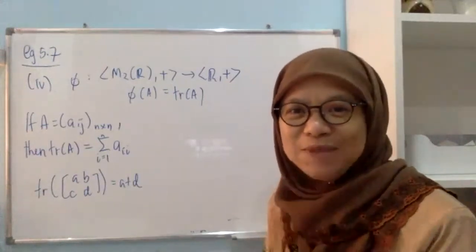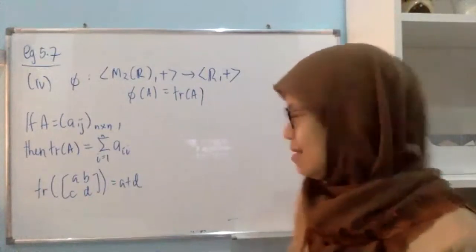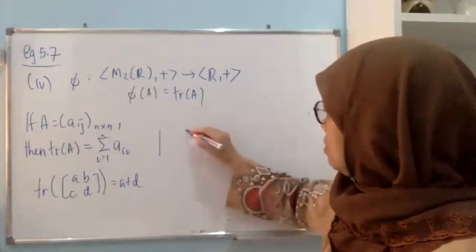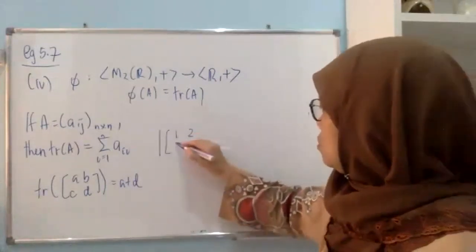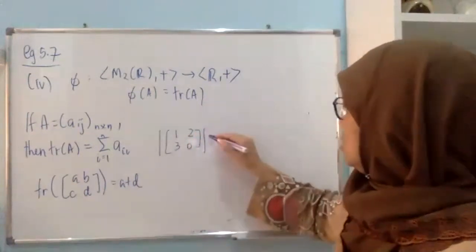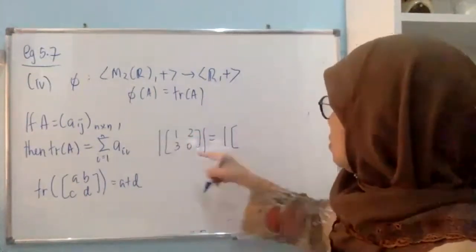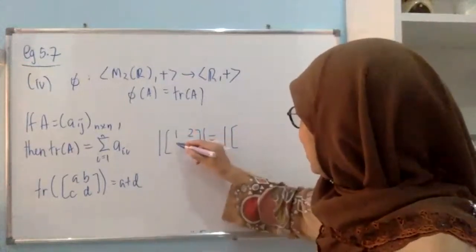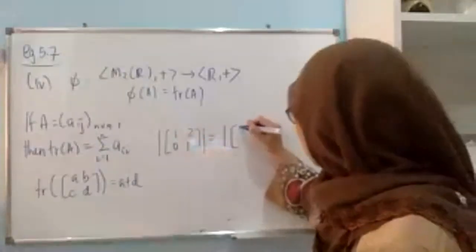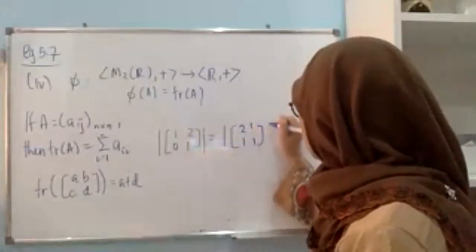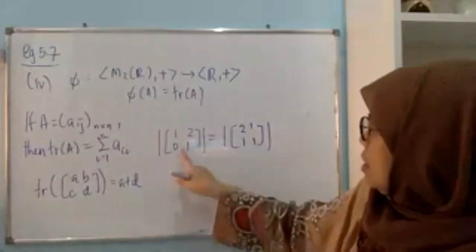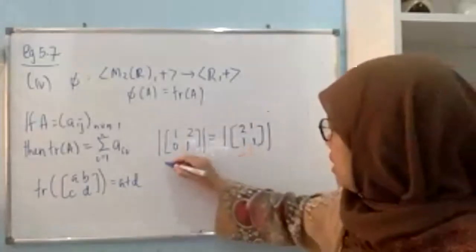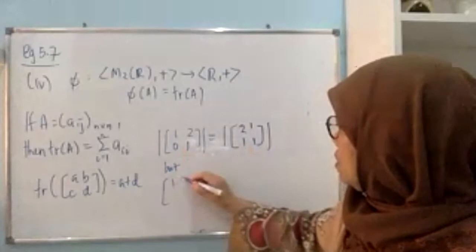Oh, just now, I forgot to mention, the determinant map is not even 1-to-1 because 2 matrices can have the same determinant, right? That's why it's not 1-to-1. For example, the determinant of 1, 2, 3, 0 let me make it easy. 1 minus 0 is 1, right? The determinant here is 1. The determinant here is 1, but they are not equal.